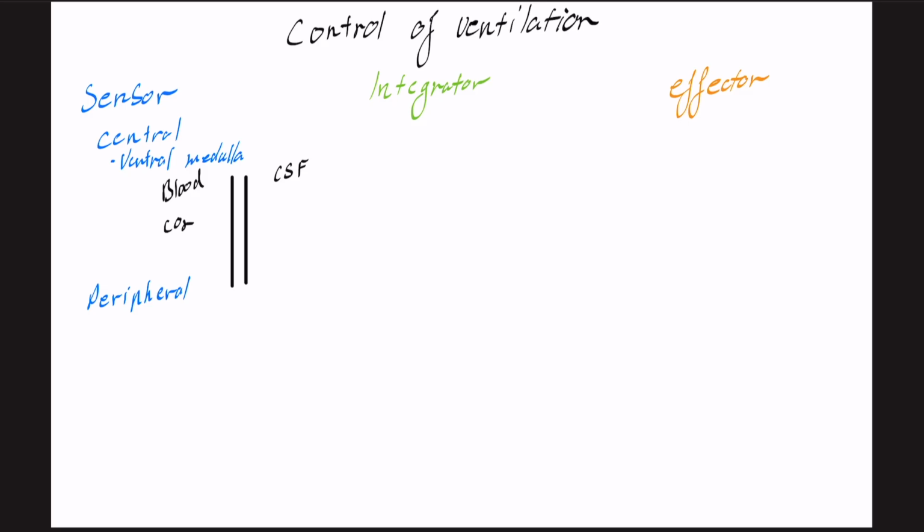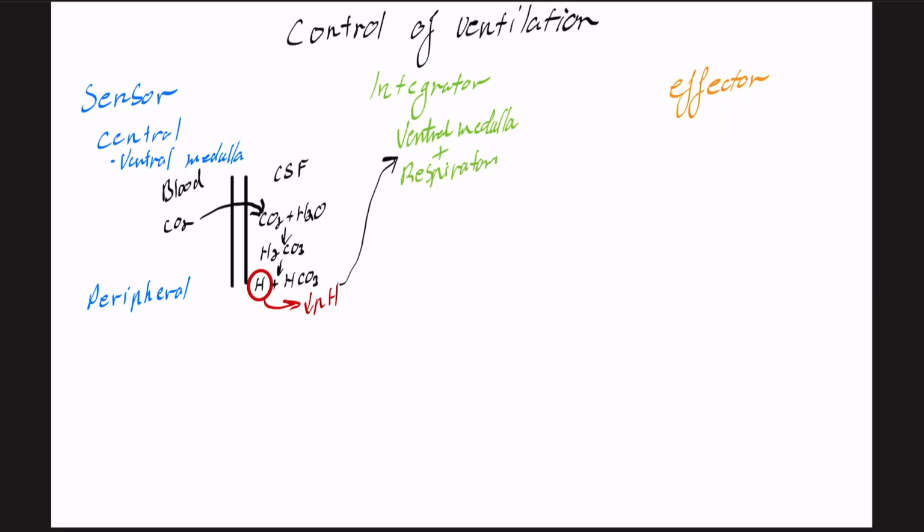It's the fact that CO2 can cross into the CSF easily. Through the Henderson-Hasselbalch equation, this leads to more hydrogen ions, which means your CSF is more acidic, and your ventral medulla senses the acidity and then stimulates respiration. It's not the CO2 that directly stimulates respiration here.